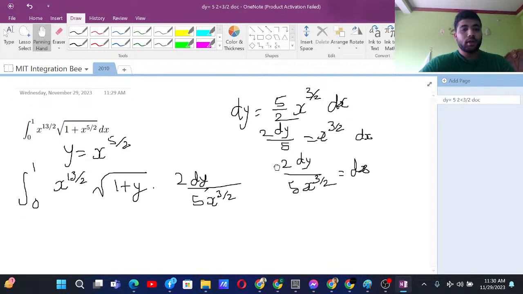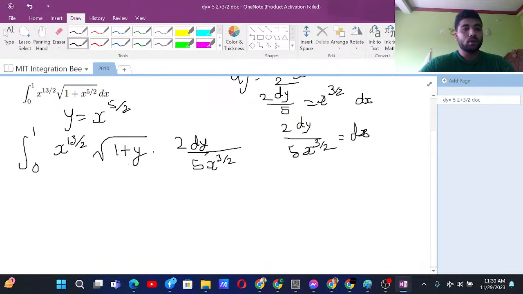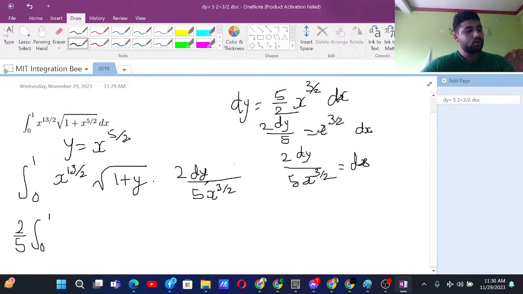And next we have integral from 0 to 1, and we can take 2 by 5 out, and this will be just x to the power 10 by 2. How come it be 10 by 2?